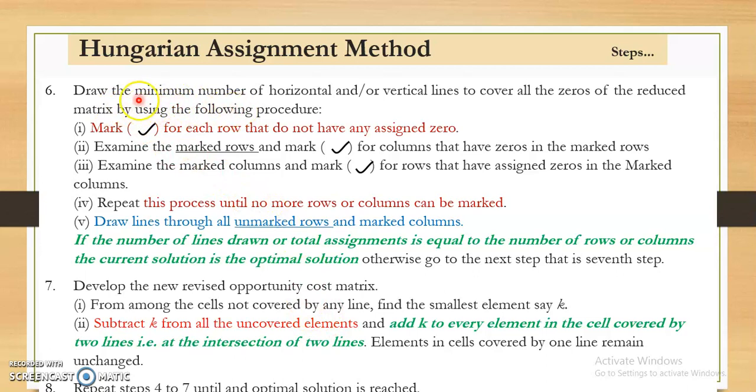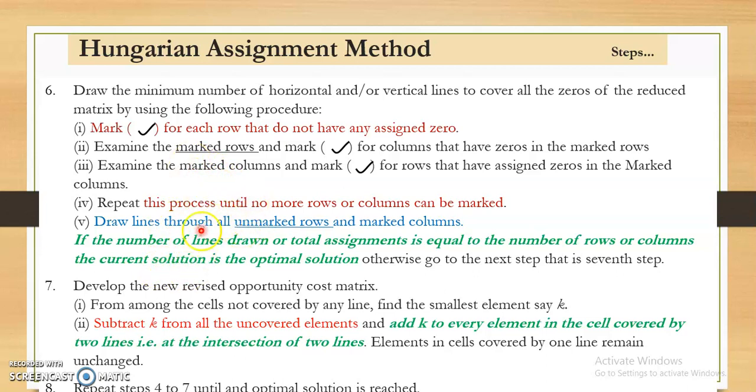We have to draw the minimum number of horizontal or vertical lines to cover all the zeros. This is an important concept of drawing the horizontal and vertical lines. The rules are mentioned here. You go through the rules and write them down, and in the next lecture we will cover this kind of problem.